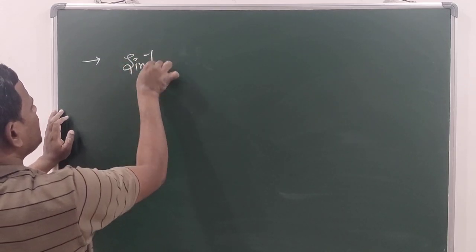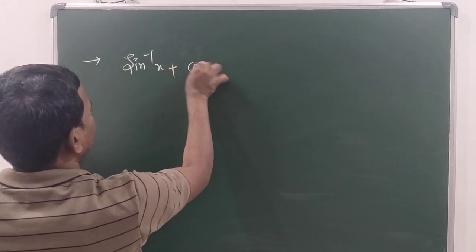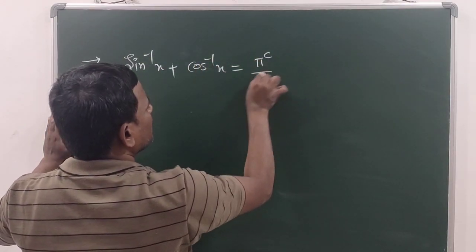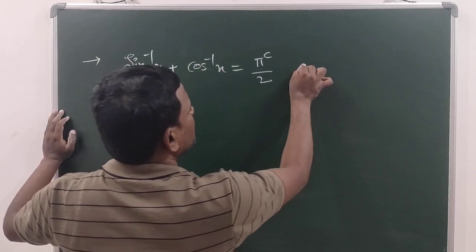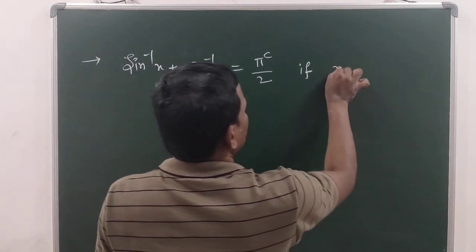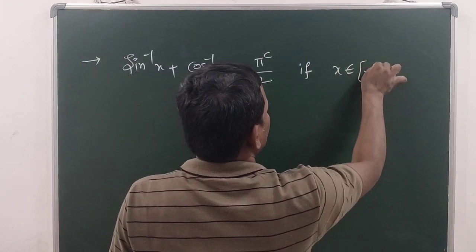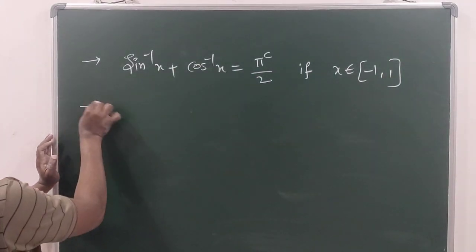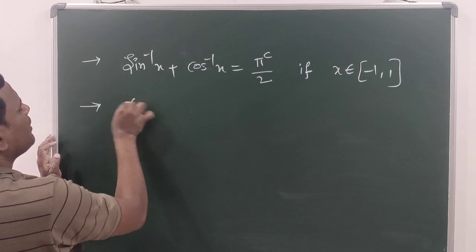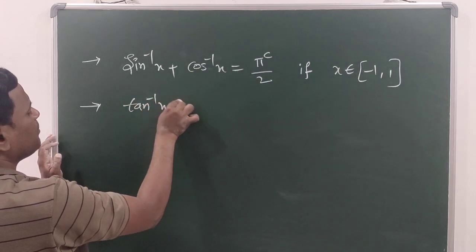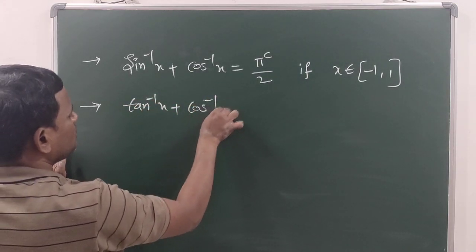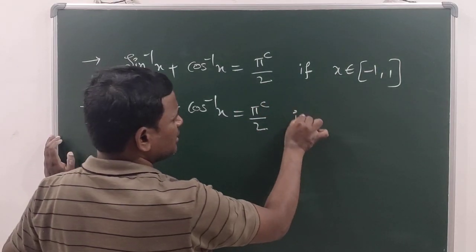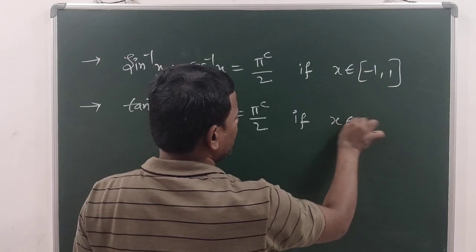Sin inverse of x plus cos inverse of x is equal to 90 degrees if x belongs to the closed interval of -1 to 1. And next, tan inverse of x plus cot inverse of x is also equal to 90 degrees if x belongs to any real number.